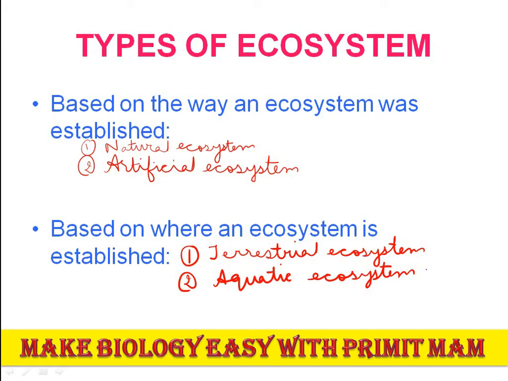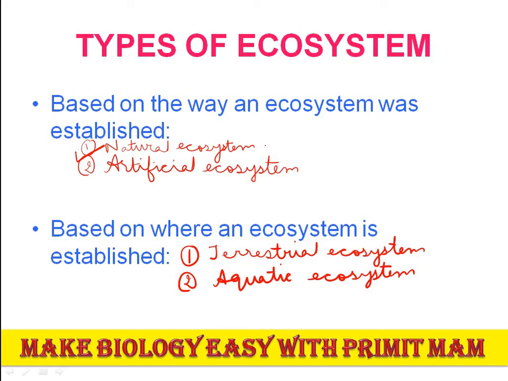Now let us talk about the first type of ecosystem, and that is natural ecosystem. It is a self-established ecosystem in nature. It came up naturally. Nobody created it. So it is called natural ecosystem.